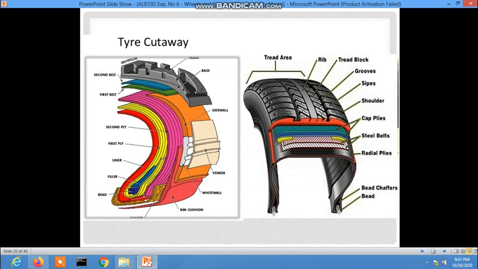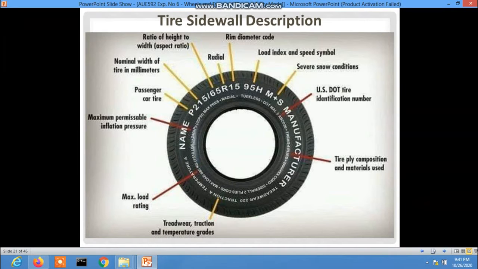Now tire sidewall description. So here is the tire. You can see the tire construction or tire specification. Here there are some numbers: P215/65R15 95H. That means P is a passenger car tire, P for passenger.